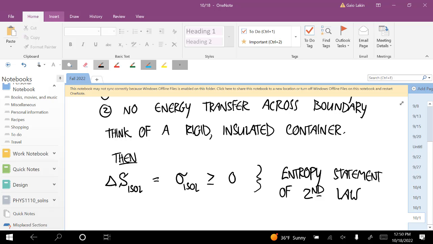So I'm going to do a couple examples. I'm going to do one with a solid that you drop into a liquid. There are different temperatures. We'll calculate the entropy changes for both of those things. You imagine those two things being inside an insulated cooler or something, so you don't have to worry about energy transfer.